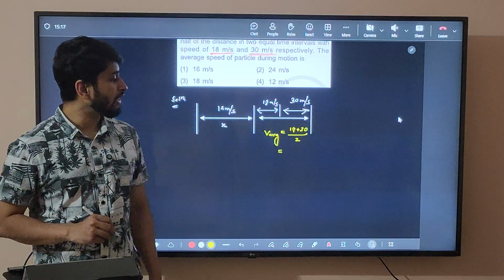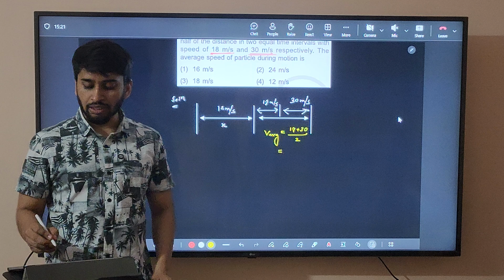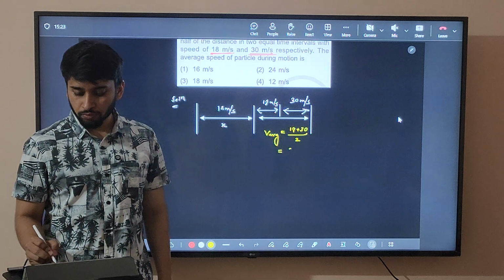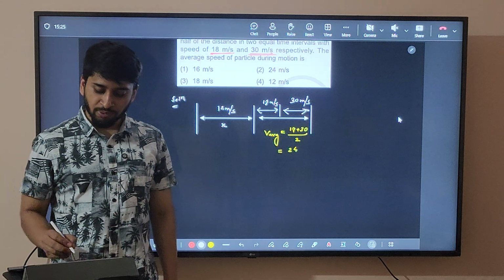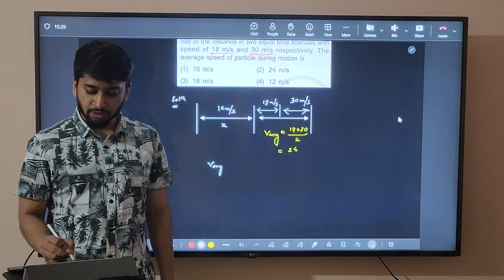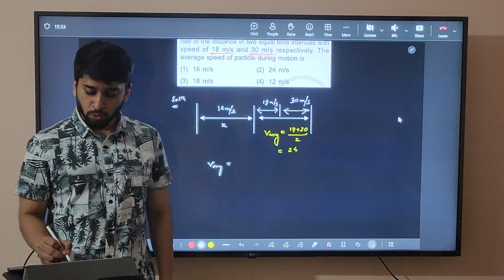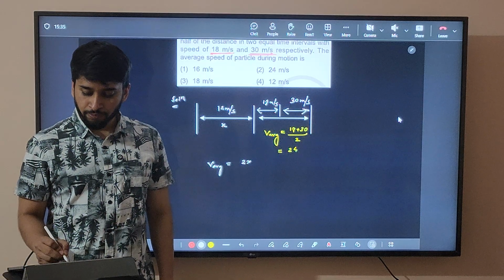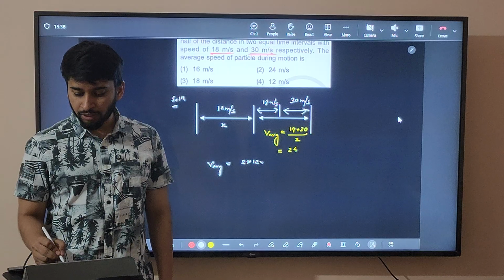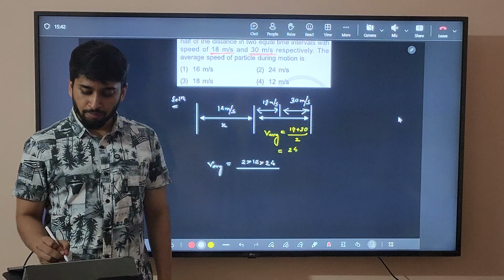So 18 plus 30 becomes 48. 48 by 2 becomes 24. Fine. Now the average speed for the complete journey, how much will that be? It will be 2V1V2 by (V1 plus V2), right? So 2 into 12 into 24 by 12 plus 24.